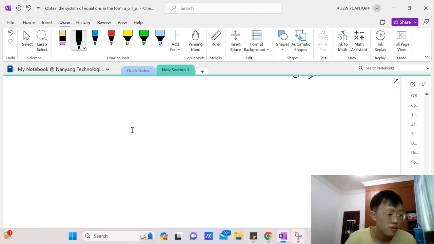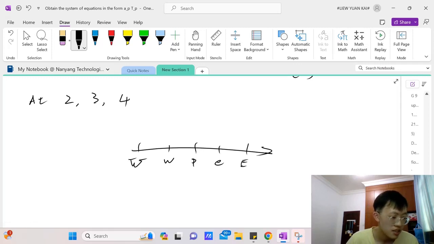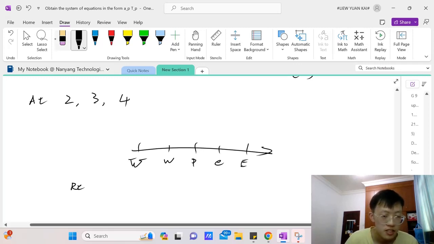Now we're gonna have to solve this differential equation at the internal nodes first. So at the internal nodes, we have nodes 2, 3, and 4. We have the general template, east, west. So now let's reuse equation star.